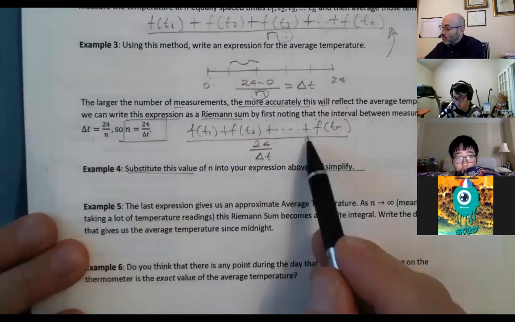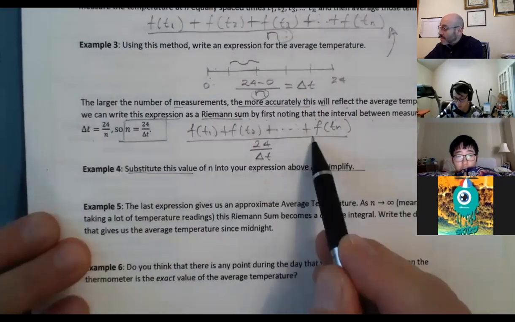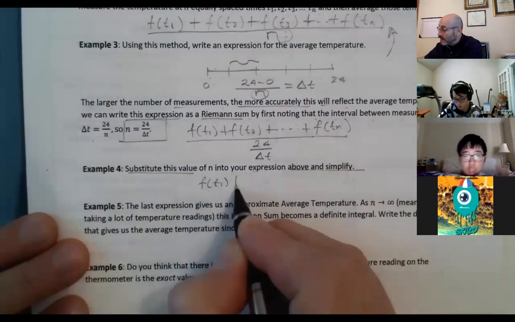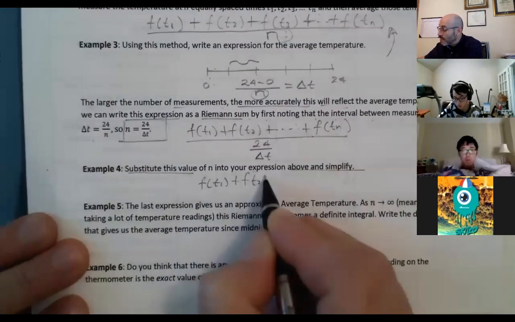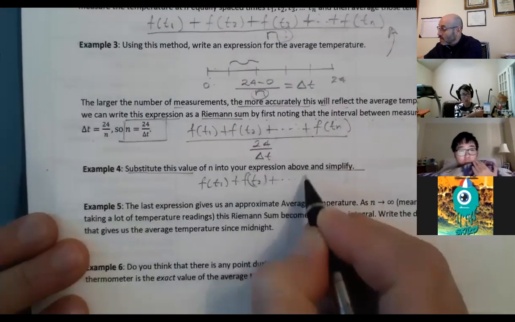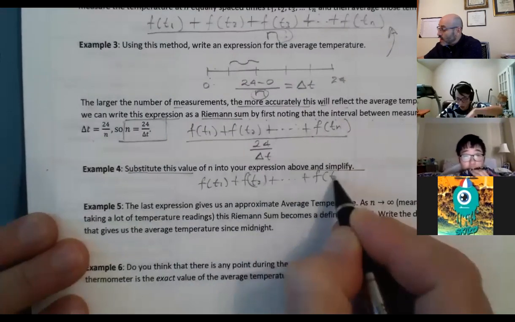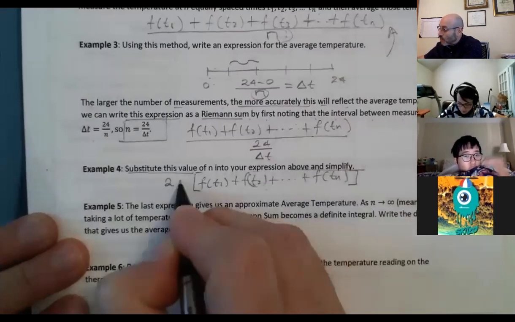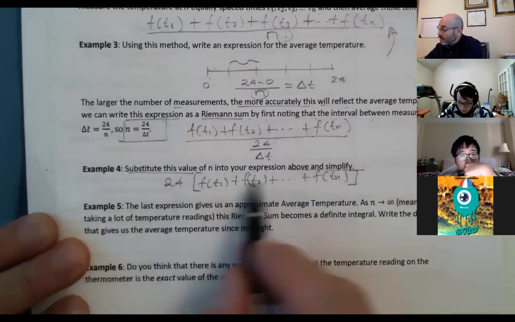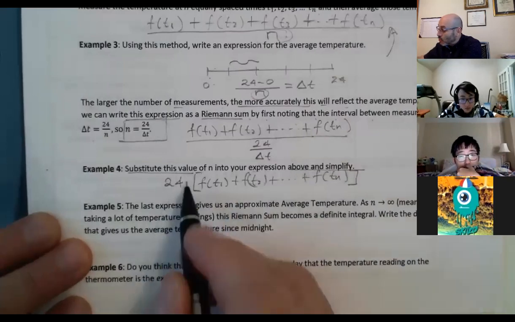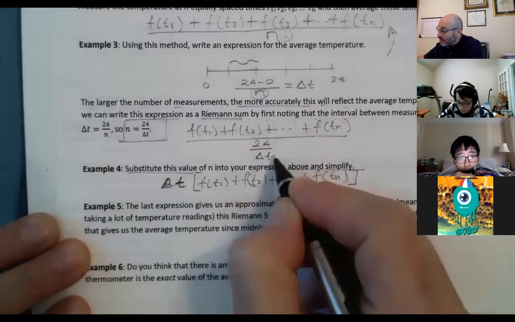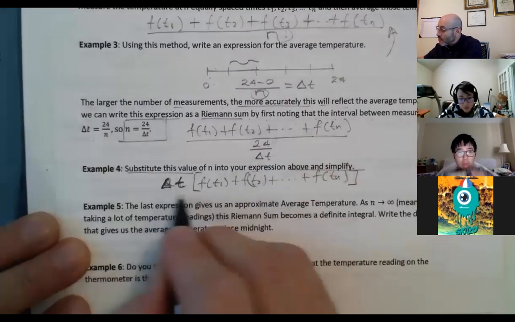If we were to simplify this expression, then we're gonna get f of t1 plus f of t2, and so on, f of t sub n, all that times delta t, because delta t, the denominator here, everything over 24, right?